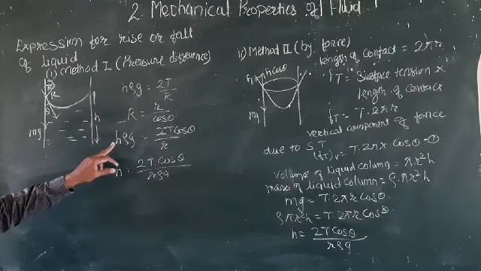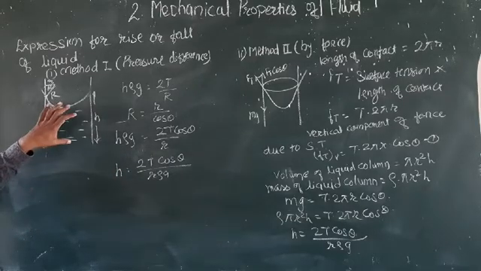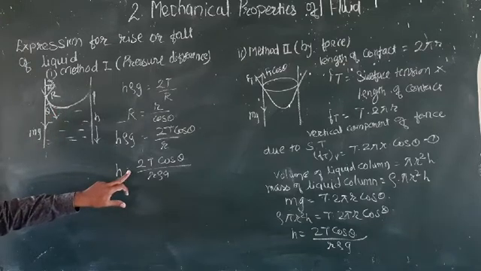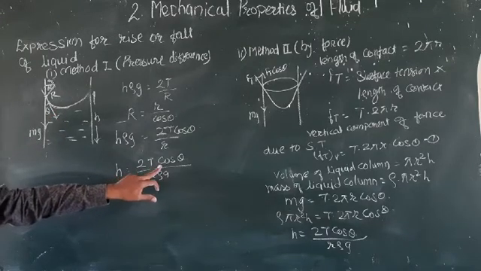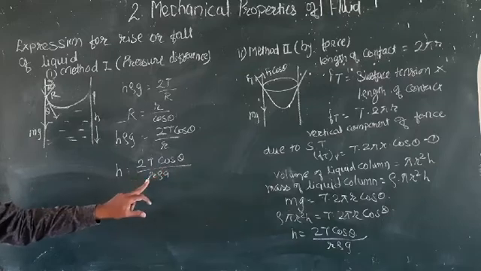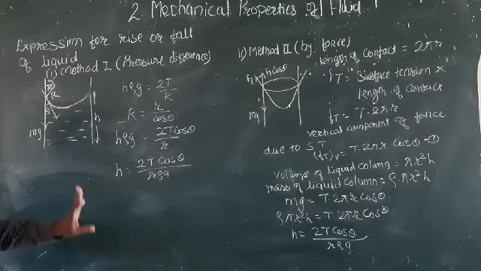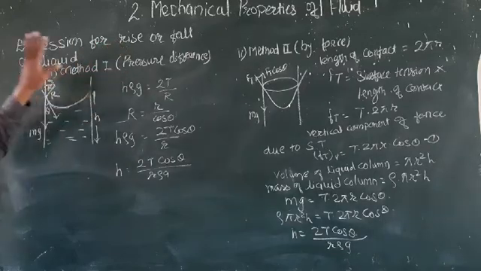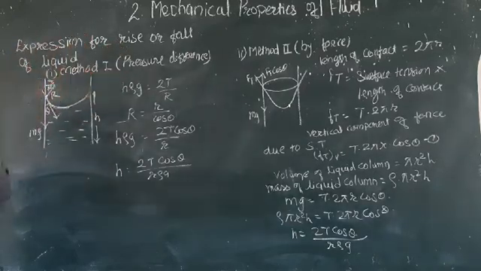From this, the height of the liquid column in the capillary tube is given by h is equal to 2T cos theta upon r rho g. So this is the expression for rise or fall of the liquid in the capillary tube.